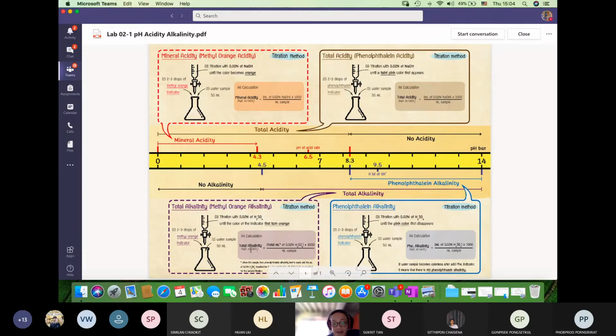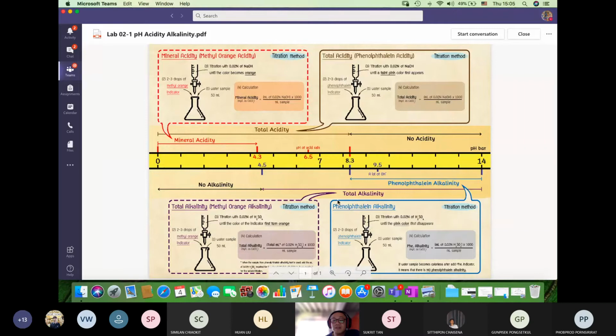The total alkalinity is equal to the mL of titrant consumed times 1000, divided by mL of the sample. It is the same as for acidity. Finally, you record the amount of titrant, take it into consideration and calculate.